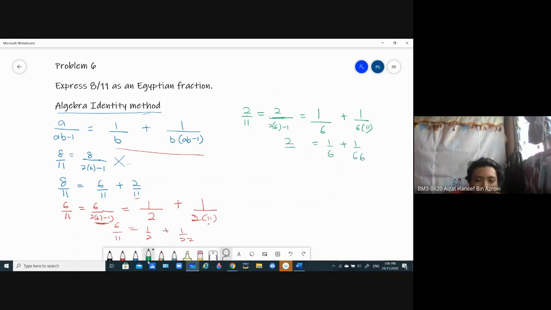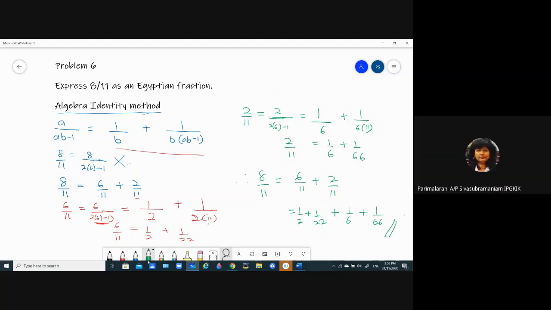So 2 over 11 is 1 over 6 plus 1 over 66. Therefore, 8 over 11 is 6 over 11 plus 2 over 11. And 6 over 11 we have broken down to 1 over 2 plus 1 over 22, plus 2 over 11 is 1 over 6 plus 1 over 66. So that's our answer. Which method do you prefer?